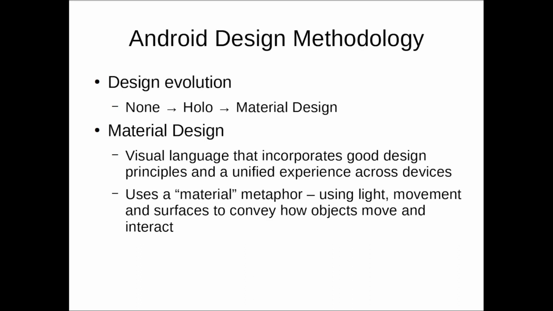Skeuomorphism was essentially this notion that when something is presented on the screen that has a real world analog, then you should borrow elements from the real world object and incorporate them into the user interface component. So it meant that your Notepad app had a yellow background and lines. It meant your calendar icon would show you columns and rows representing days and weeks.